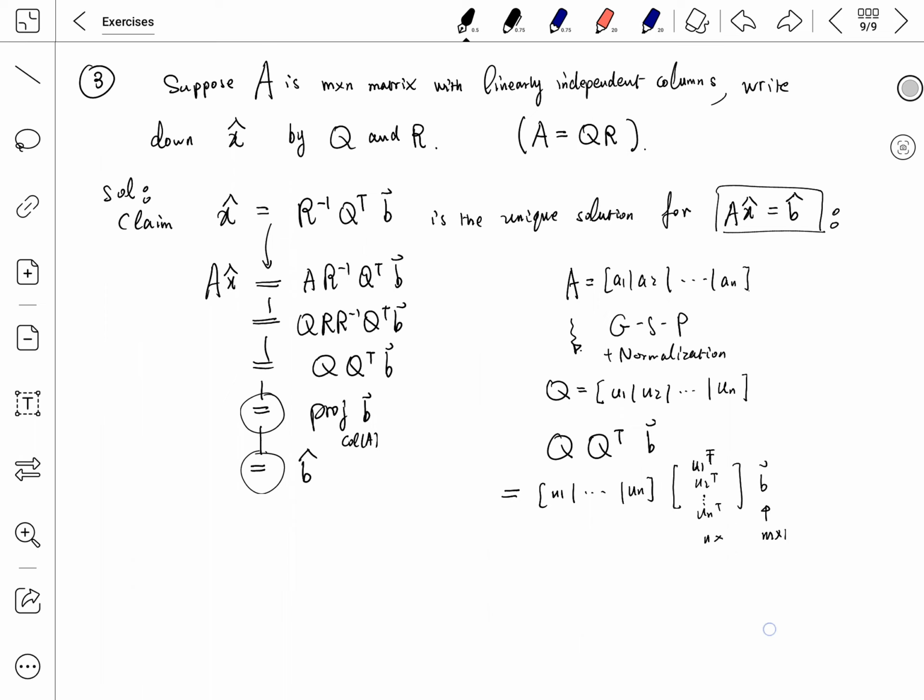So altogether it's n by n. Sorry, of course this is n by m because this is a 1 by m, so you have m columns.